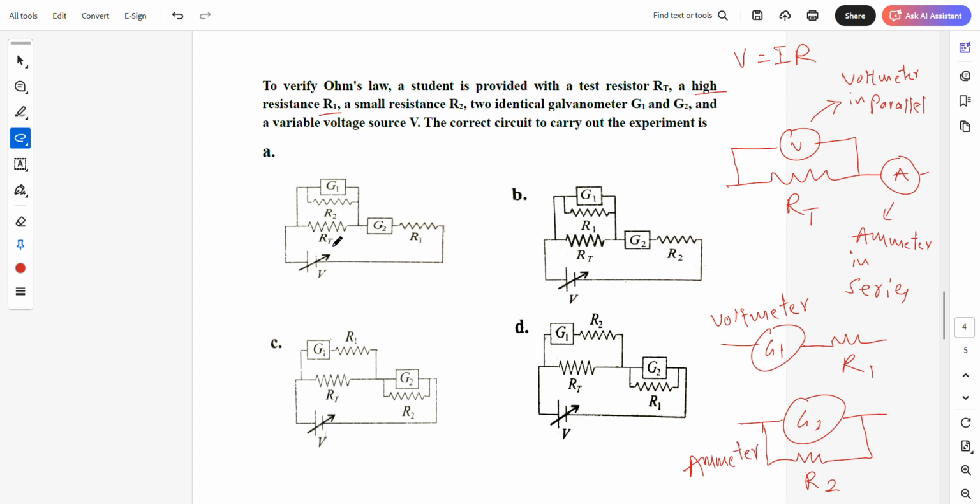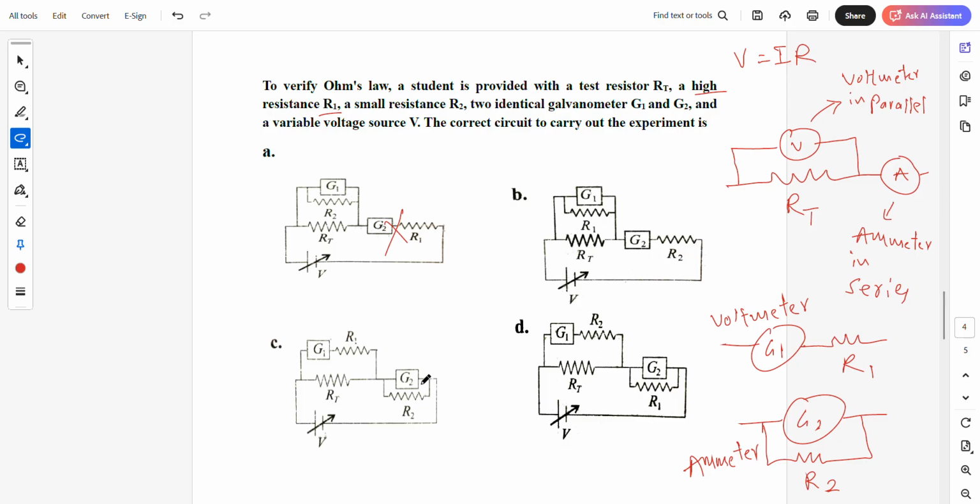Now in the circuit, where is RT? RT is here. No, this is wrong. G1 R1 will be in series, and G2 R2 will be in parallel. Just see here.